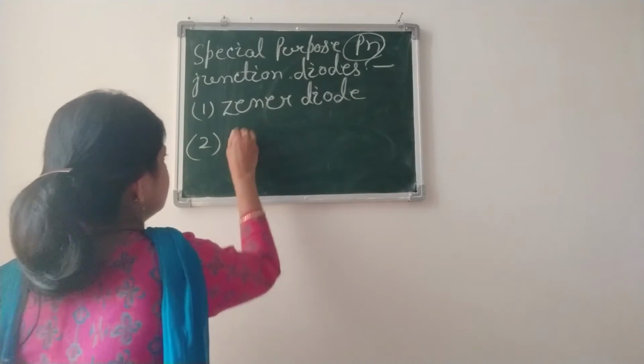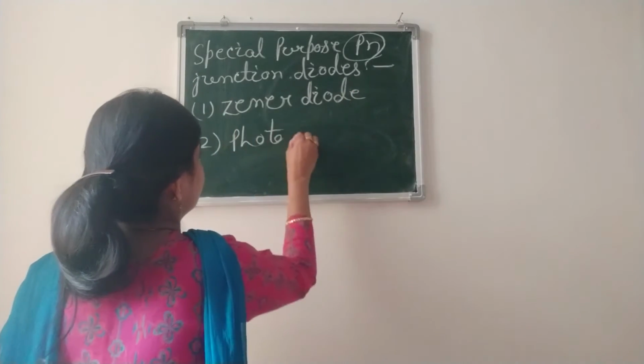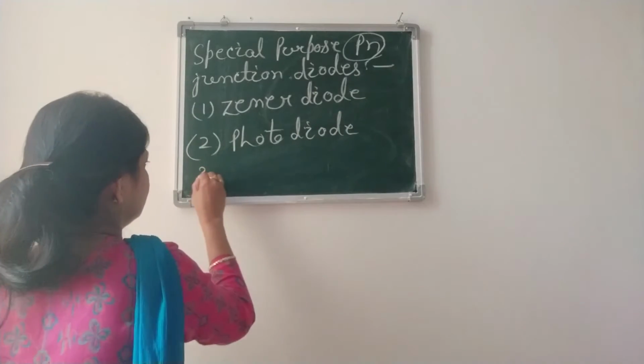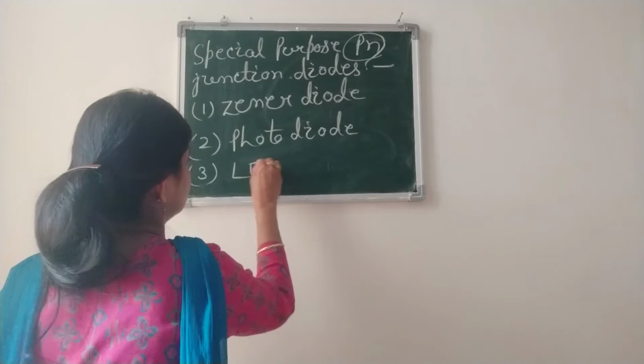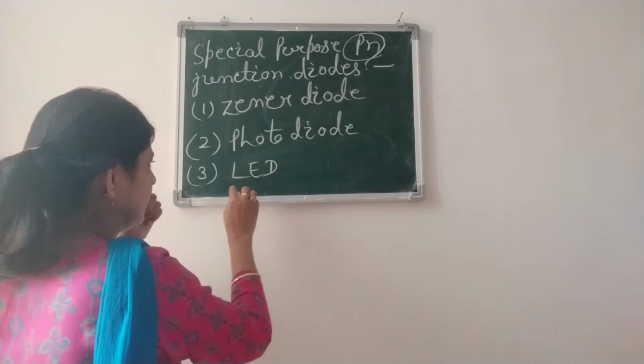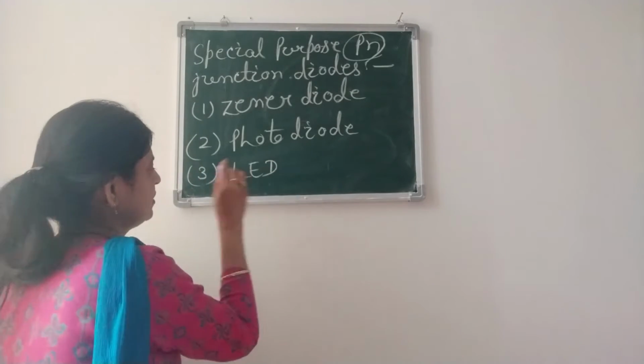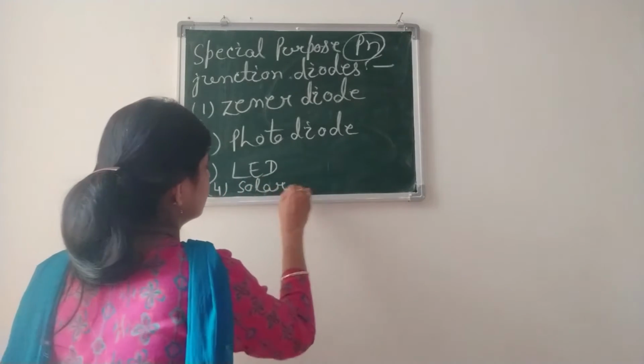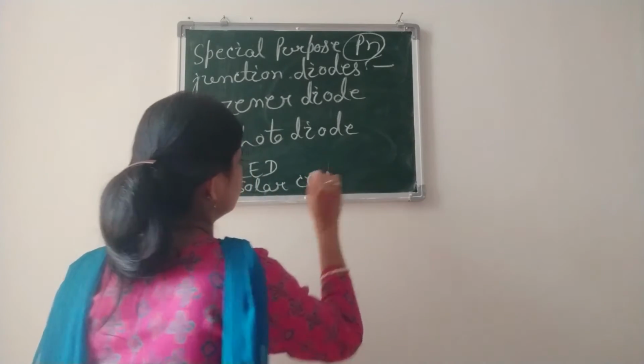Second one is your photodiode, and third, LED, which means light emitting diode, and the fourth one is your solar cell.